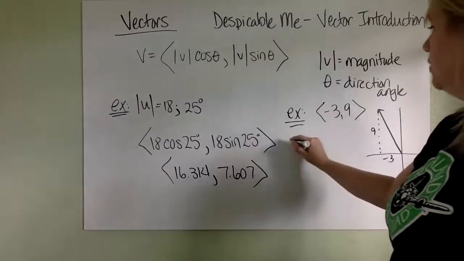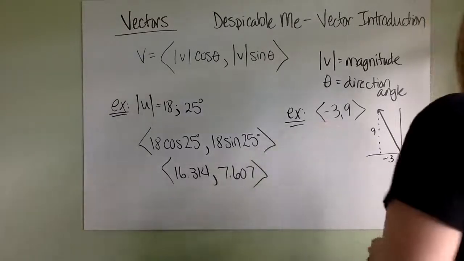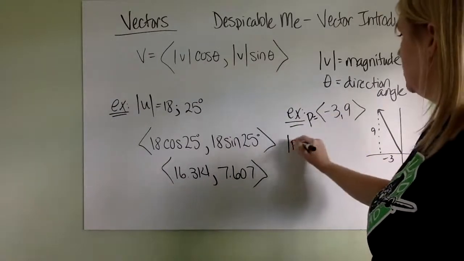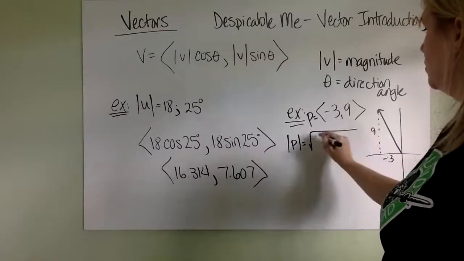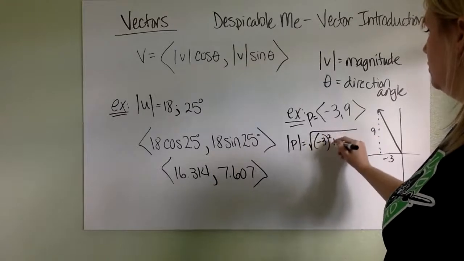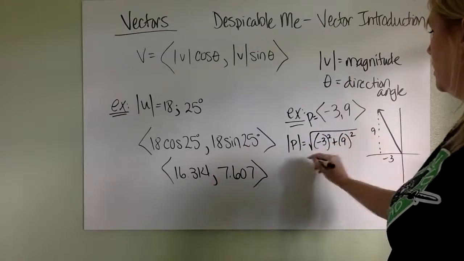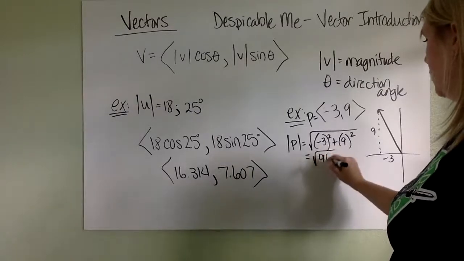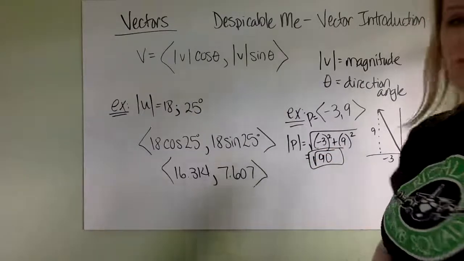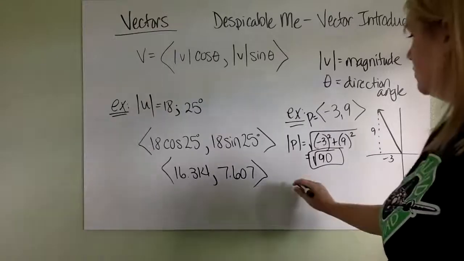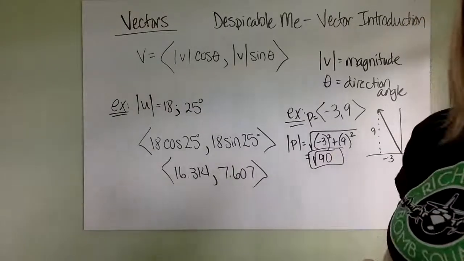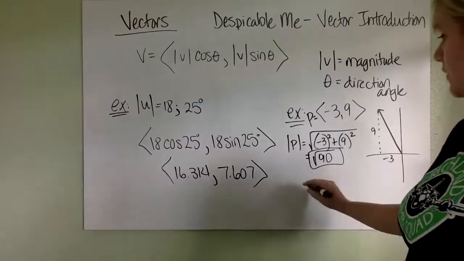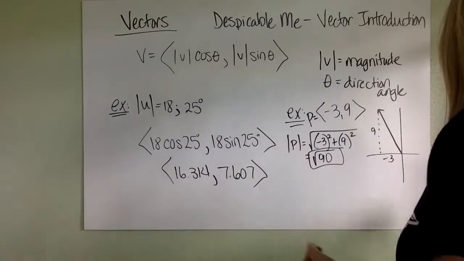And so our magnitude, let's call this vector P, is just the square root of -3 squared plus 9 squared, which is the square root of 90. We're going to go ahead and leave it in square root form. If you're doing something that asks for a decimal approximation, that's when you'd use a calculator to approximate the square root of 90 as 9.46 or whatever it is.